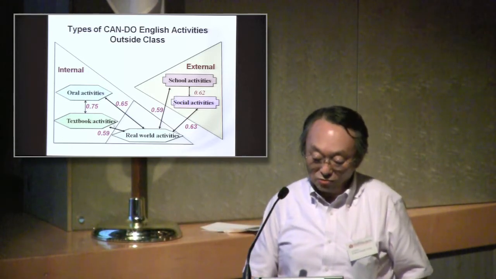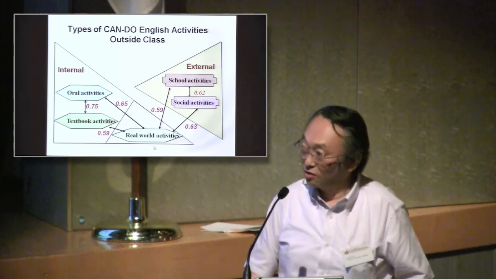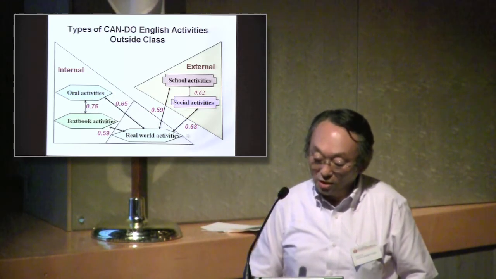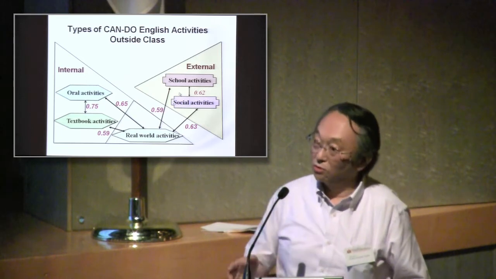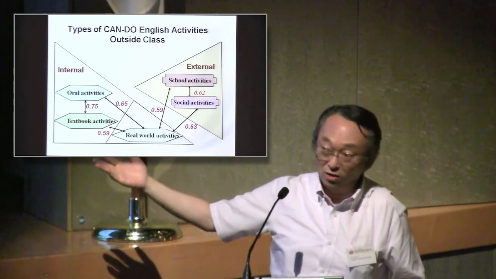How much the students said they can read their textbooks? Again, a 0.459 correlation with what they said they can do in the real world. And if the students said they can function using English in the real world, this seems to transfer to being able to use English in real world situations in foreign countries.